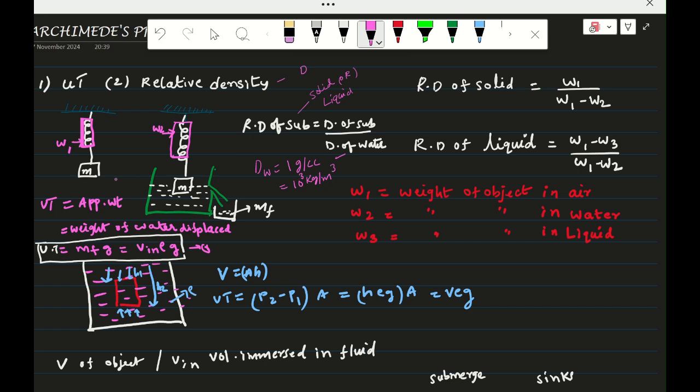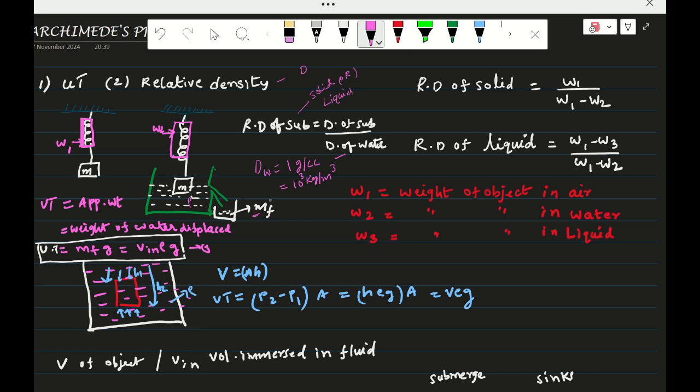Now what Archimedes stated, the statement of the Archimedes principle, you see. Archimedes principle states that a body of mass m, partially or fully submerged in a liquid of density rho, displaces some amount of liquid of mass mf.